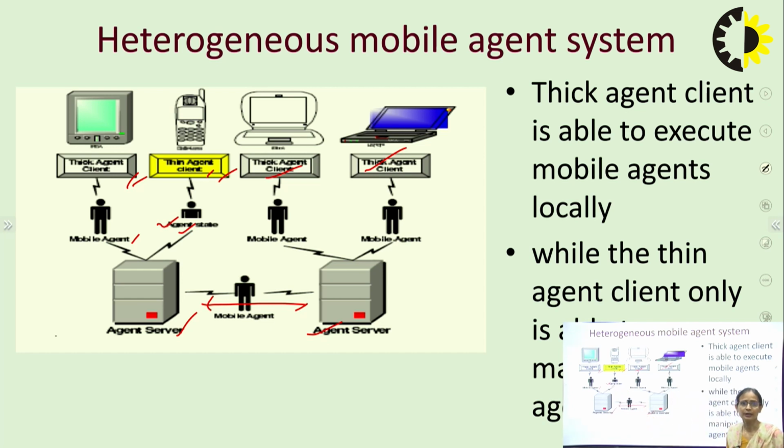So the thick agent client is able to execute mobile agents locally, while the thin agent client is only able to manipulate the agent data, that is the state. That is why we have agent states in the case of the thin agent client.